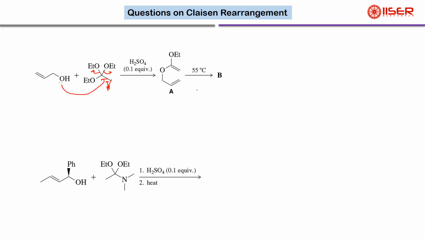After that, if you give heat, it will undergo the Claisen rearrangement. So this bond breaks here. So the newly formed product is this ester.